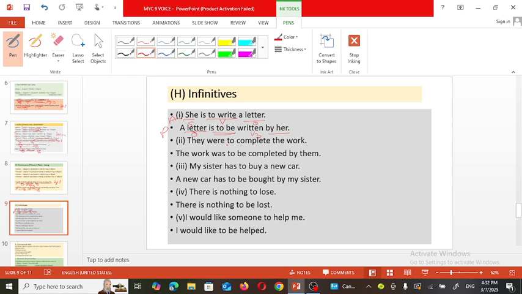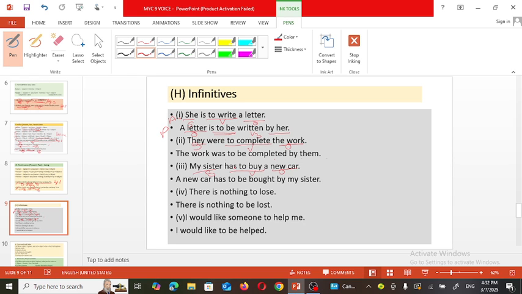So by her. Now, they were to complete the work. Who is going to complete? They. Subject first. To complete is the verb and the work is the object. So the work was to be completed by them. Now see, my sister has to buy what? A new car. So that is the object.